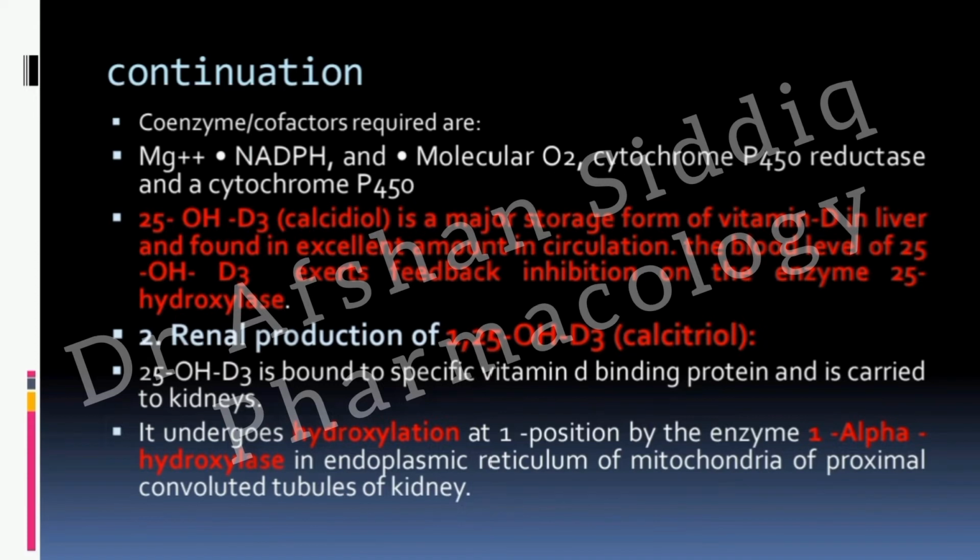Now calcidiol is again an inactive form. It is the major storage form of vitamin D in the liver, and it is found in excellent amount in circulation too.